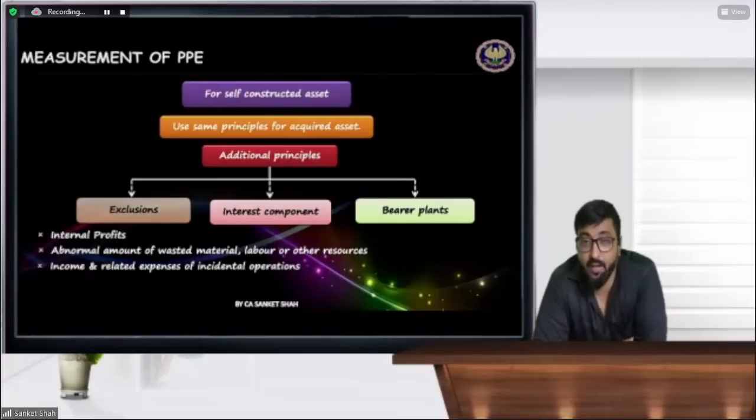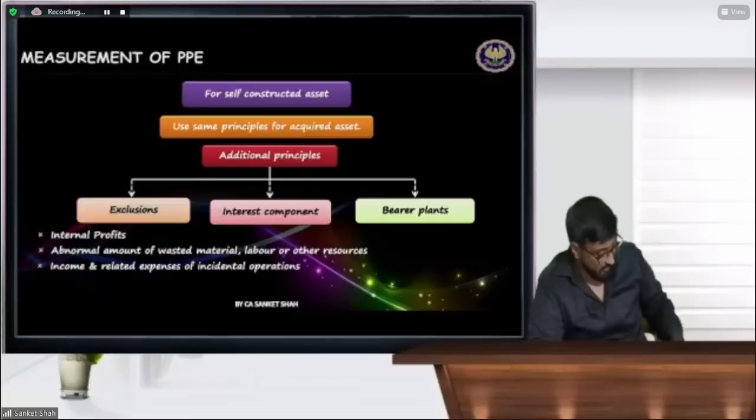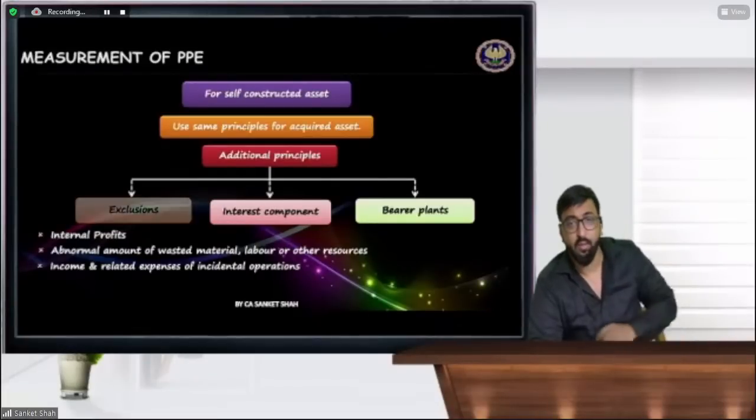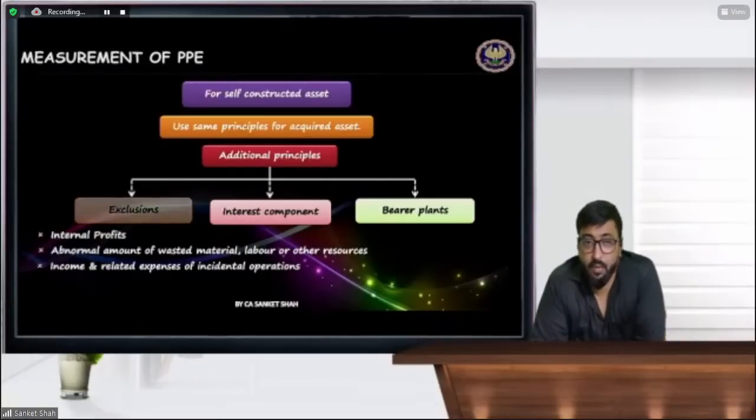Income and related incidental operations. In case of a self-constructed asset, for example, if I'm constructing one building, but till that time, parking cost, suppose before construction, that empty space I have given on rent.